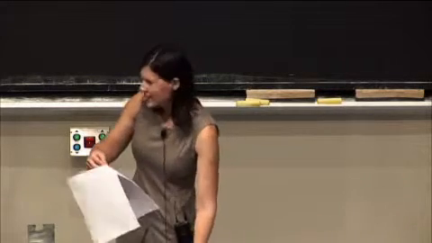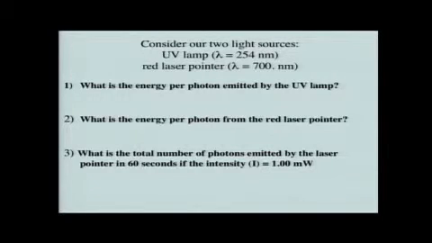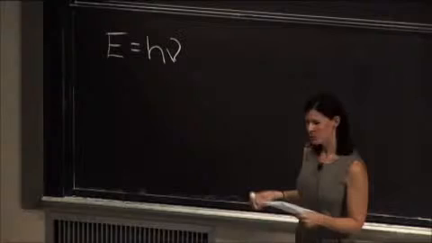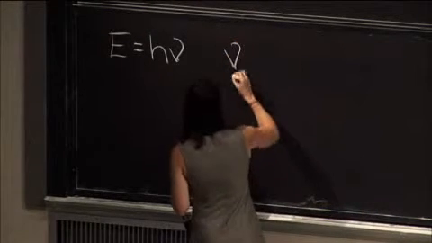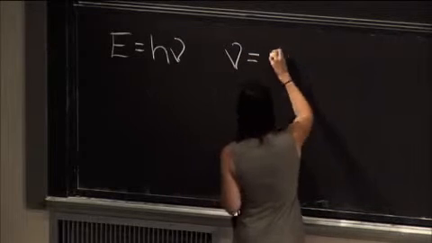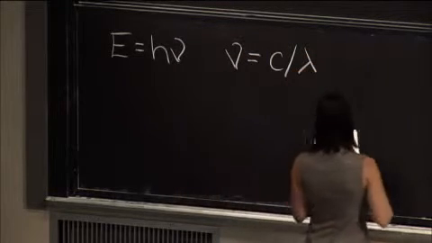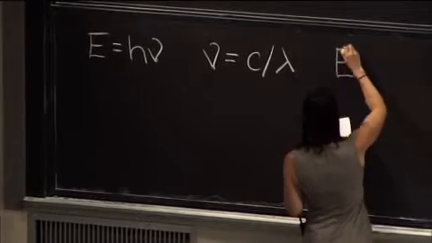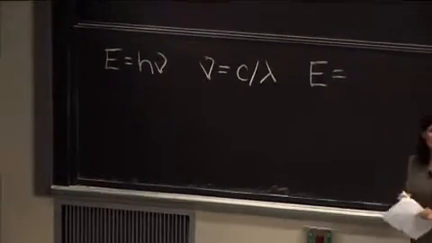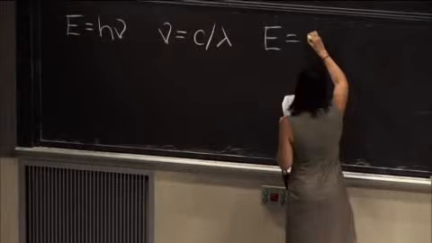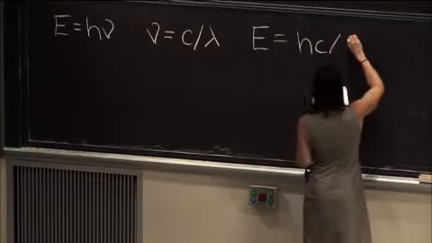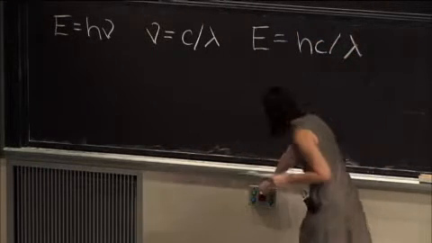Starting first with the energy per photon, let's start with the UV lamp. We know that energy is equal to Planck's constant times nu, but what we know about the lamp is its wavelength, or the light that's emitted. We know that nu is equal to c over wavelength, so we can figure out the energy of each photon emitted by our UV lamp by saying E is equal to hc over wavelength.